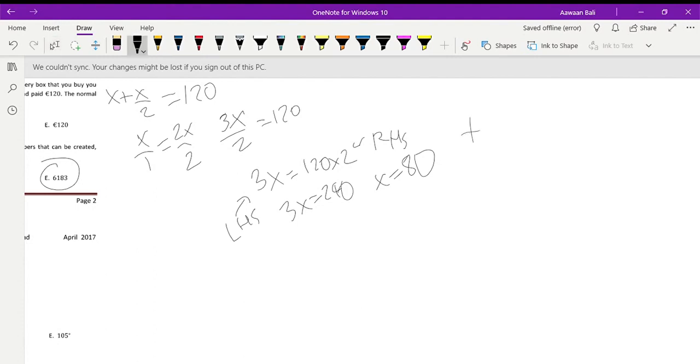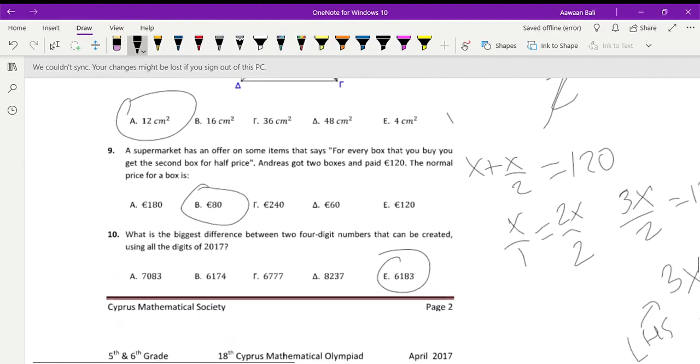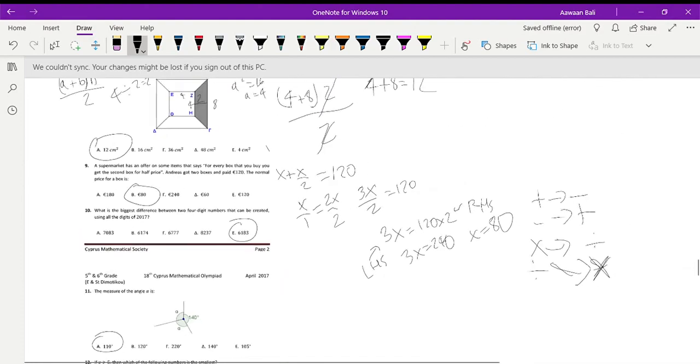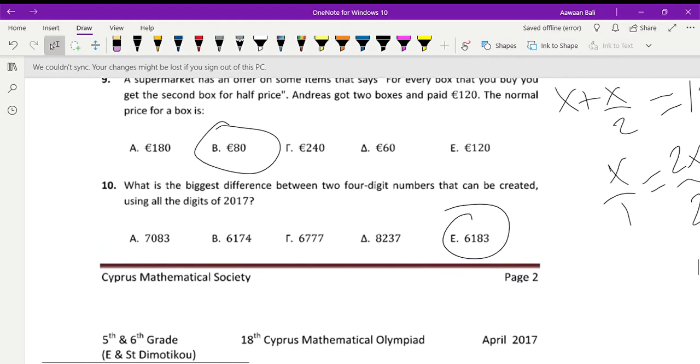So addition becomes subtraction, subtraction becomes addition, multiplication becomes division, and division becomes multiplication. That's a really handy trick, and it can help you a lot. So you should definitely remember that. So the answer is beta.